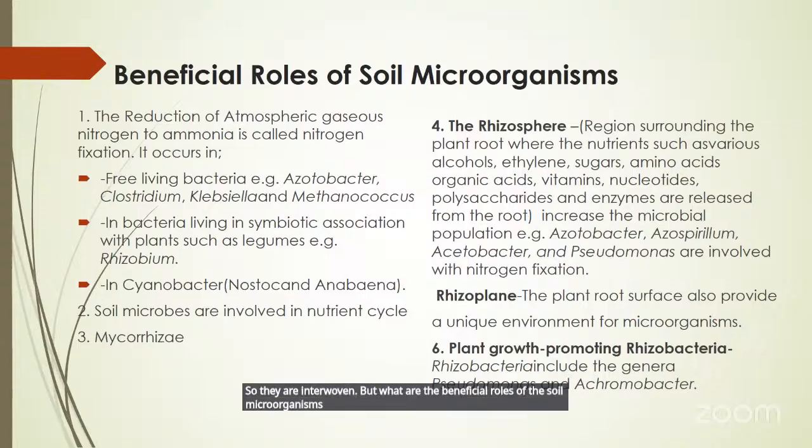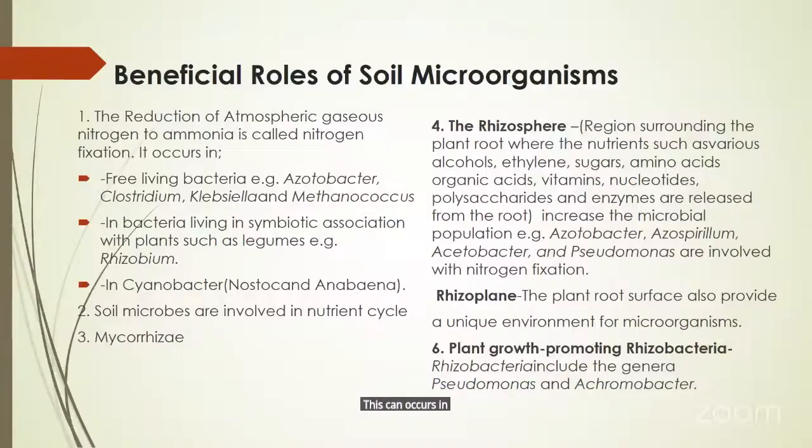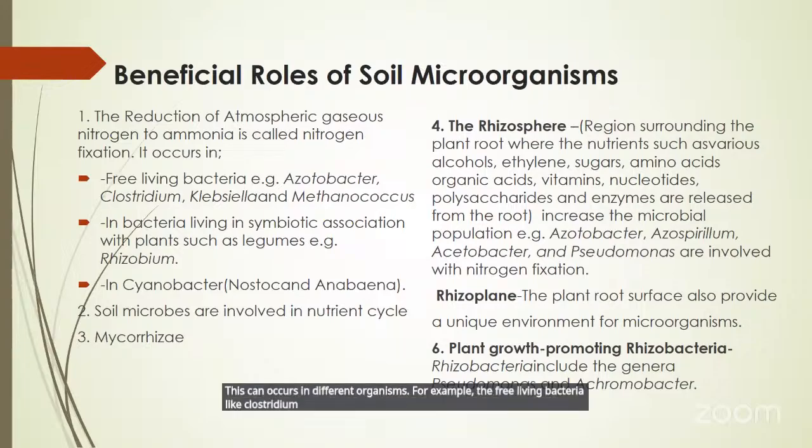So they are interwoven. But what are the beneficial roles of the soil microorganisms? They help to reduce atmospheric gaseous nitrogen to ammonia, that is nitrogen fixation. This can occur in different organisms. For example, the free-living bacteria like Clostridium, Klebsiella, Methanococcus, and Azotobacter.